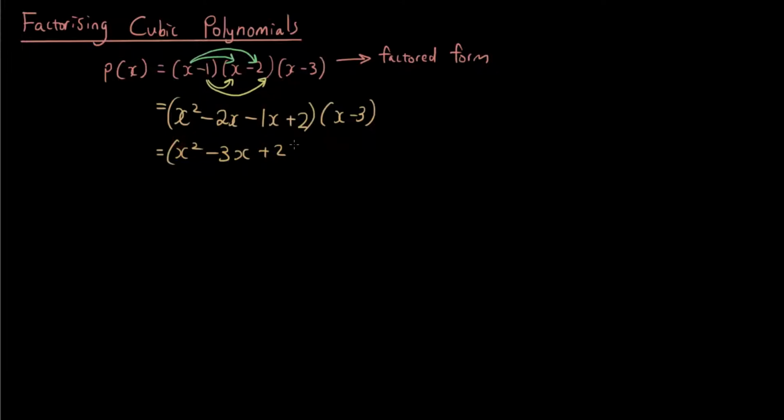And then we're going to multiply by x minus 3. So again, let's draw some arrows. x squared times x, x squared times negative 3, negative 3x times x, and then another color.